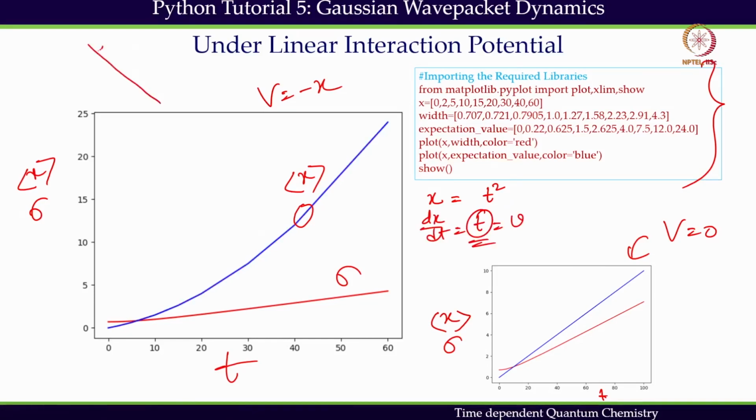Classically also it should happen. If I have a ball sliding through this slope, it's slowly accelerating, which means that velocity depends on time.